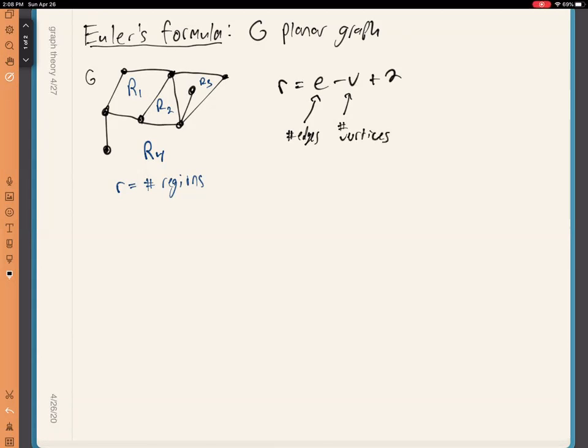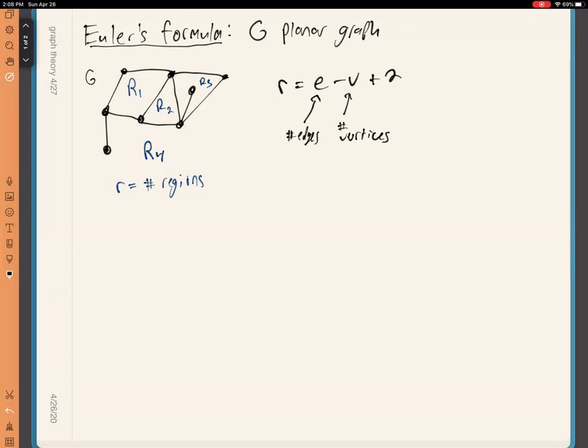So in this case, we have 4 regions and we have 8 vertices. And also we have 1, 2, 3, 4, 5, 10 edges, so the math works out. You can check that it works out for this example.